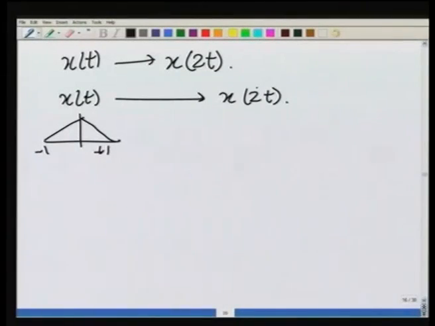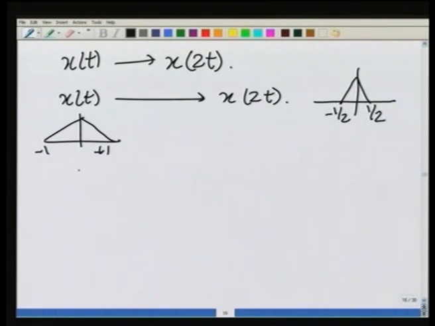Suppose this is x(t), say from minus 1 to plus 1. Then x(2t) will be of this form, it is speeded up. So, it is compressed in time. So, you just get from minus half to plus half. This is what we have here.